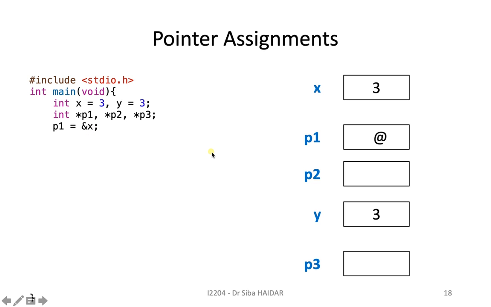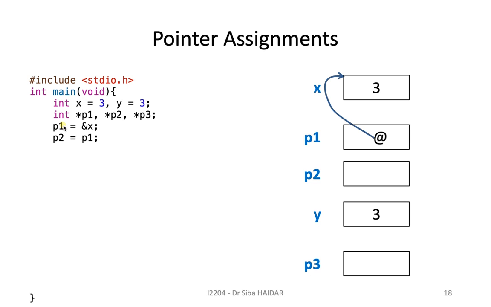And then I say P1 receives the address of X. So now P1 points to X, as you can see on the schema. The purpose of this section is assignment between pointers, when you put the equal sign between P2 and P1. How do we read it? As usual, the variable P2 receives the value of P1, just as if I said y equals x, the variable y receives the value of x.